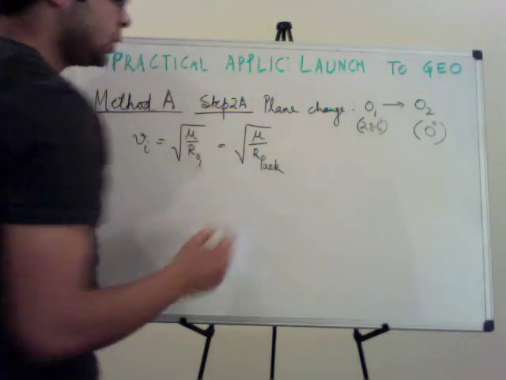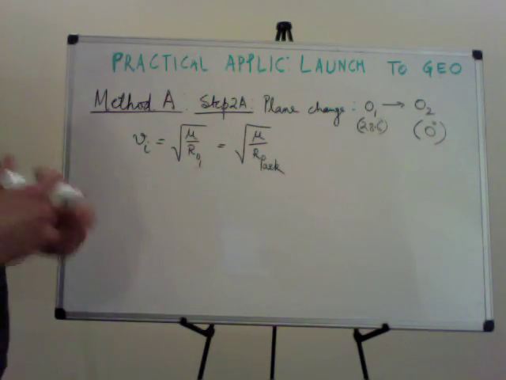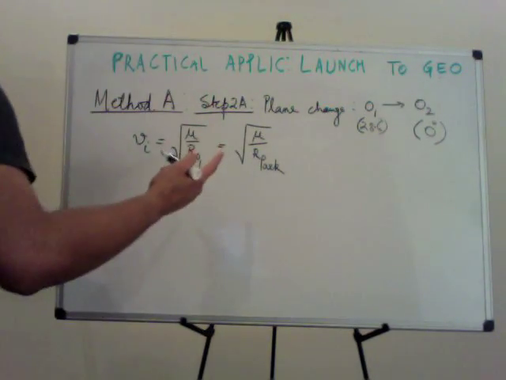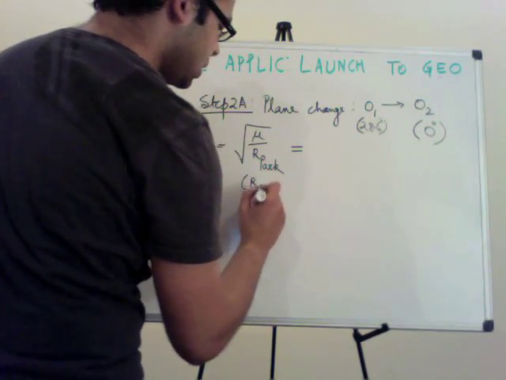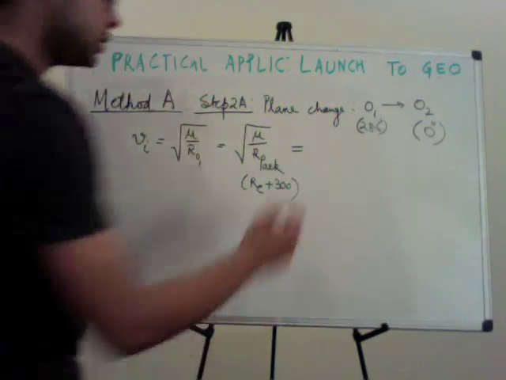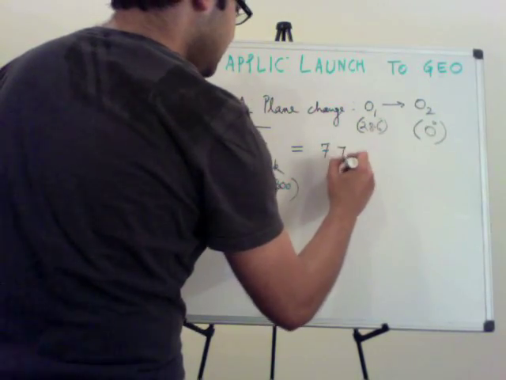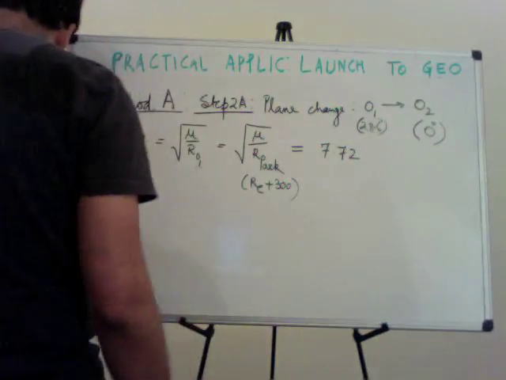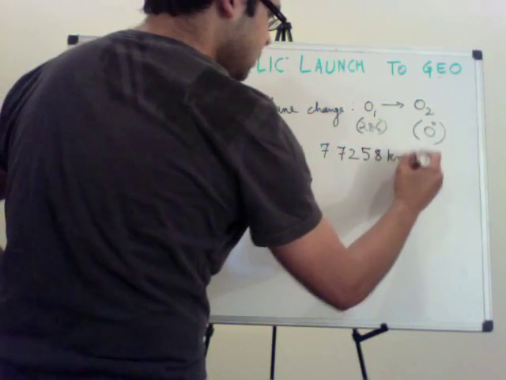Now, the altitude is 300 kilometers. So the radius is the radius of Earth plus 300 kilometers. So this speed turns out to be 7.7258 kilometers per second.